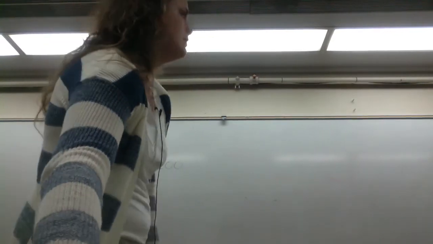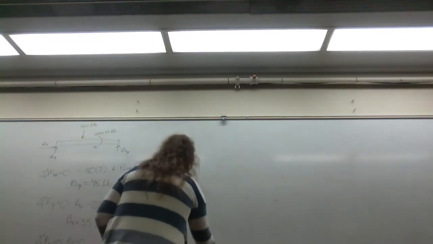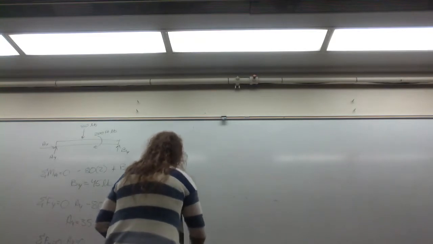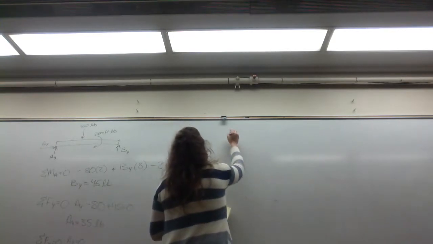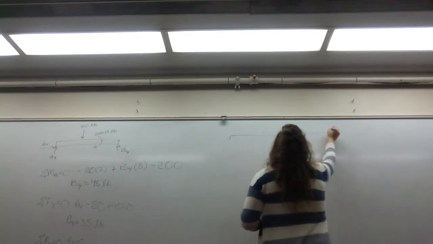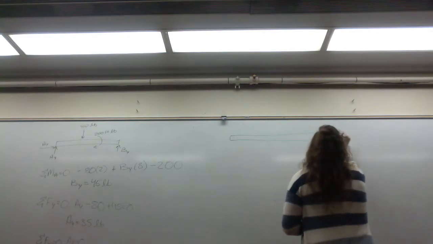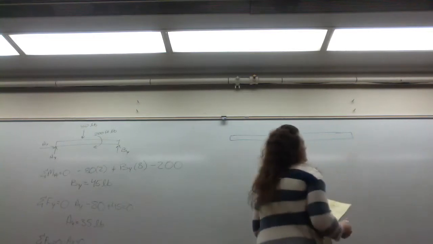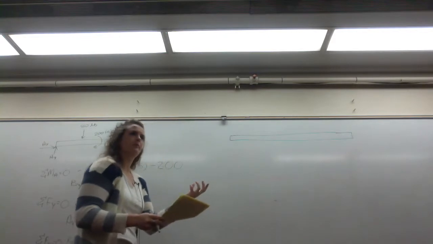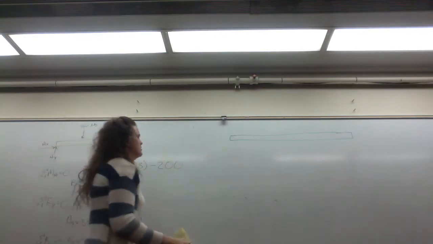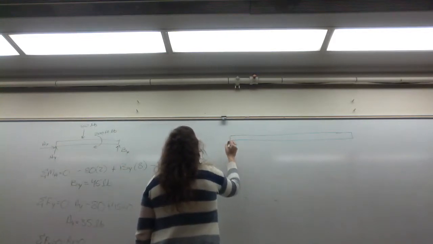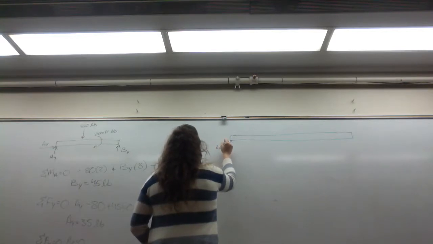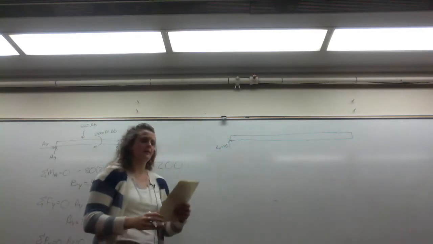All right? So to do that, we section off the beam. Roll this up, see where we're at. We have our beam. Let's apply our loading conditions. So we know we have AY of 35 pounds.